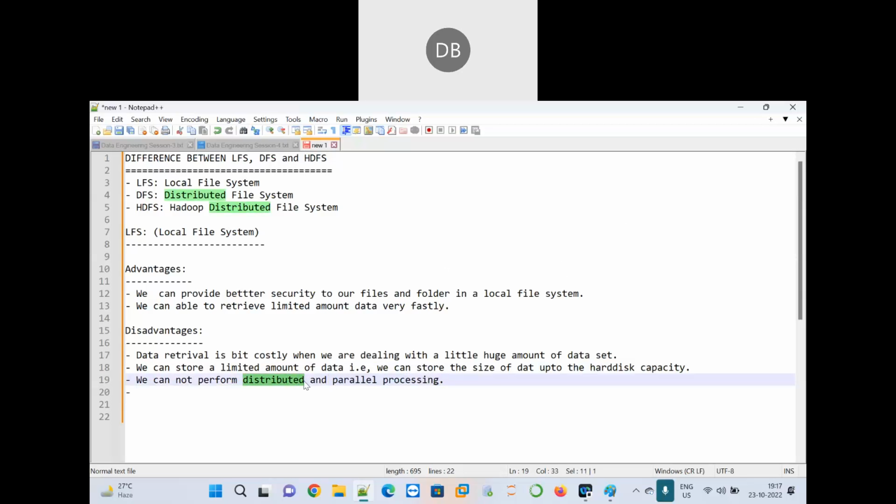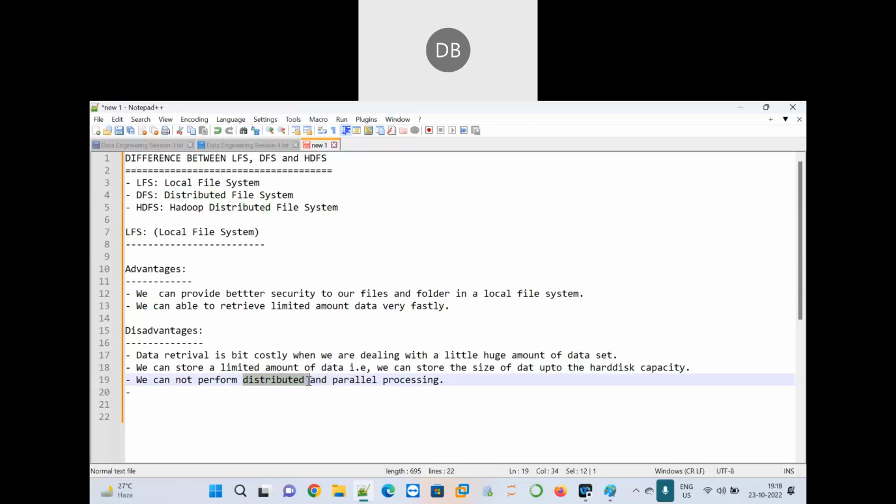Distributed processing you cannot achieve in a single node. Single node means this laptop that I am using, it is a single node only. It is never a multiple node setup. So on the same laptop, how can I achieve a distributed environment? That is not possible.